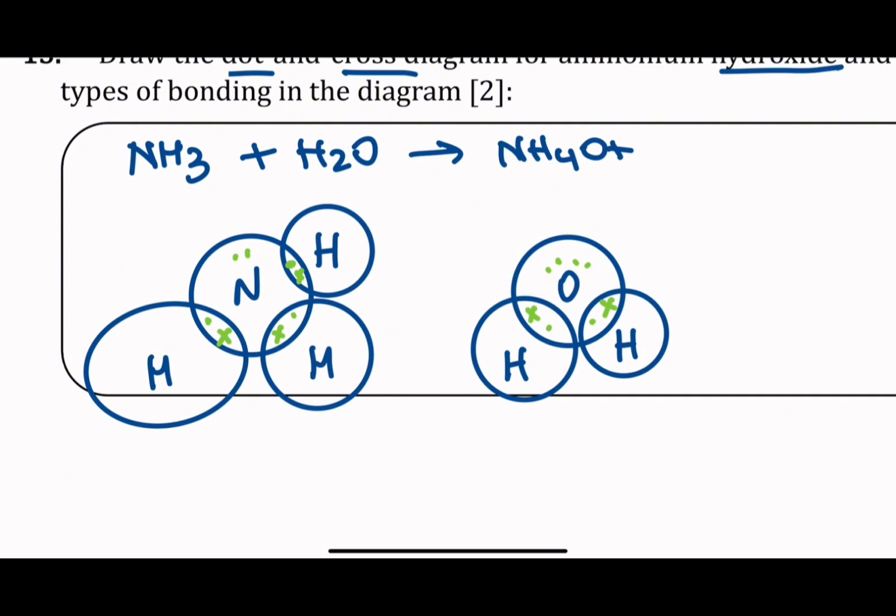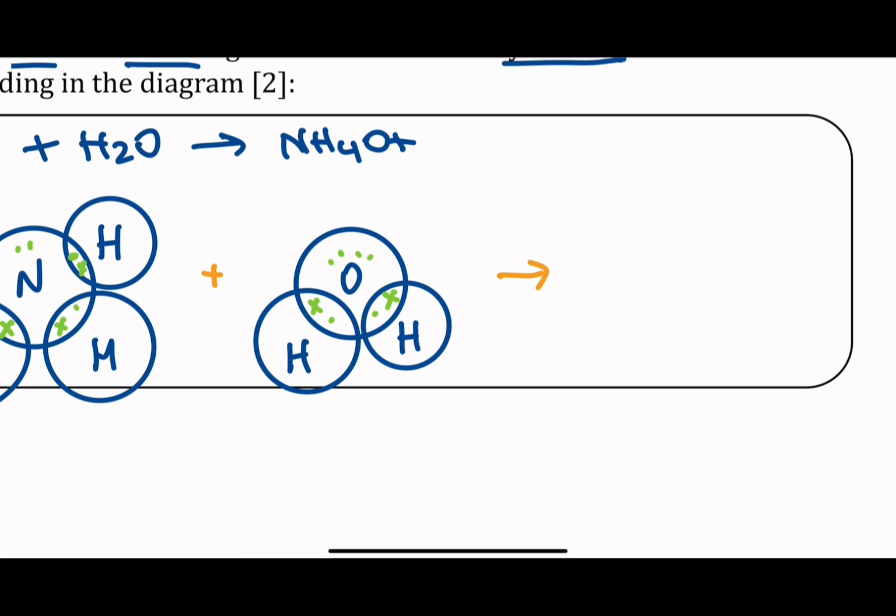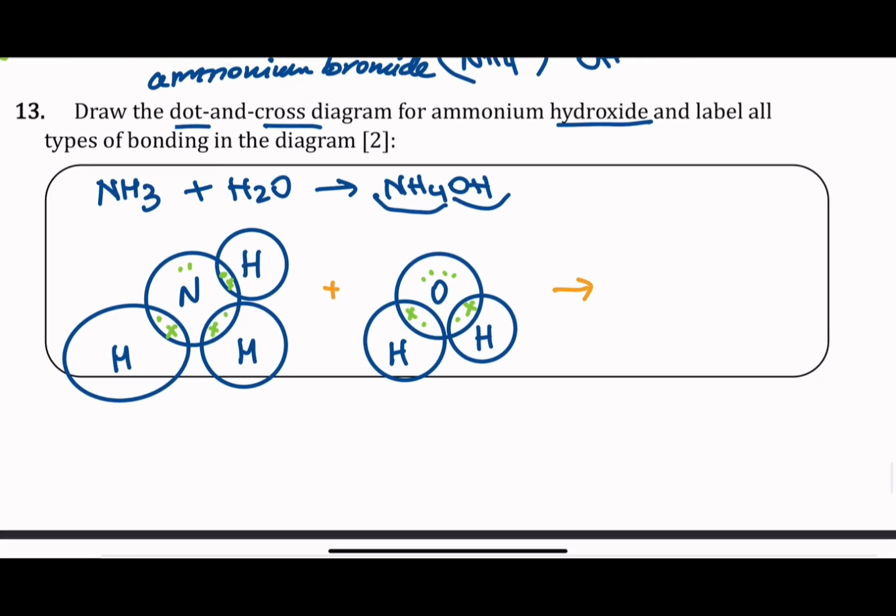Now, when these two things react, they actually give you ammonium hydroxide, which is NH4 and OH. If you remember, we already did NH4, right? In this case, one of the hydrogens you see over here is going to transfer to the nitrogen.